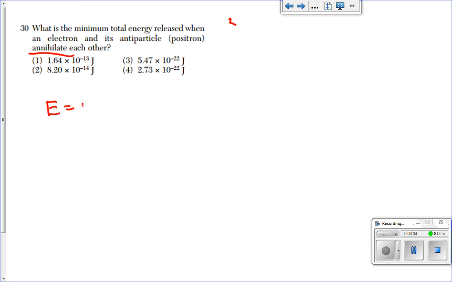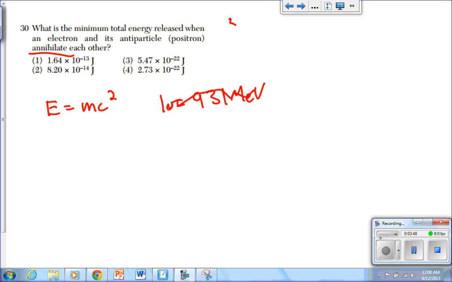All right, we got 2 of these. E equals mc squared, and we also have 1u equals 931 MeV. Now, if you look at this, we're given energy. Energy is in joules.